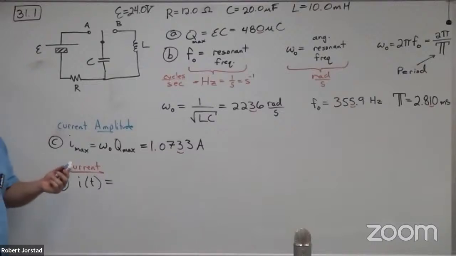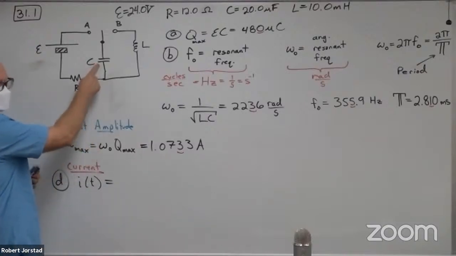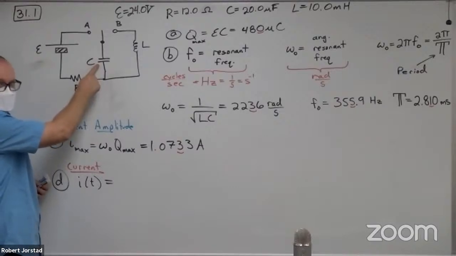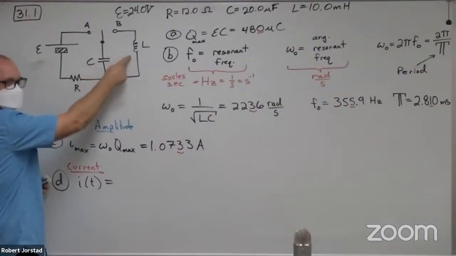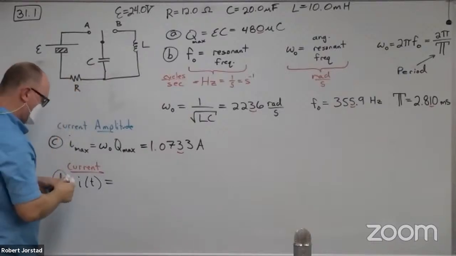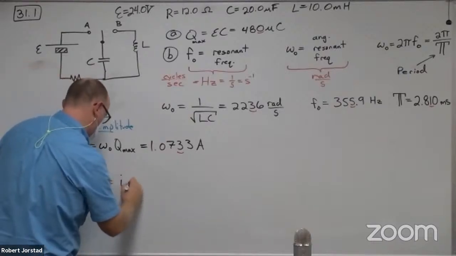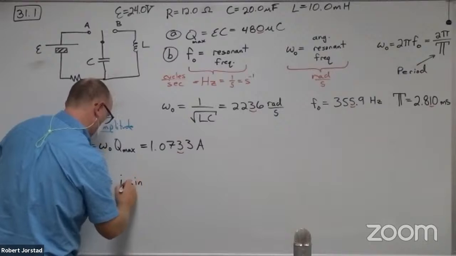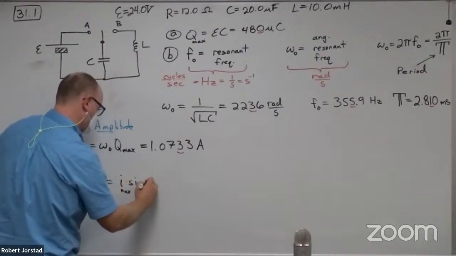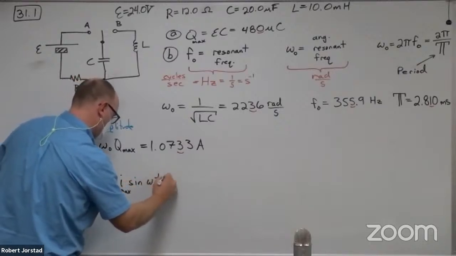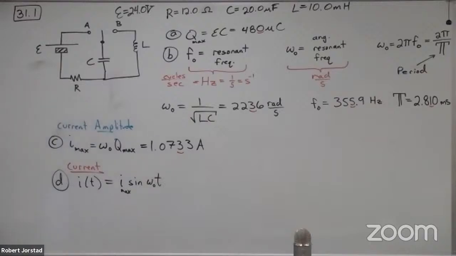It starts at 0, right? So in this, I should be careful. Do you agree we start out with the capacitor having all of this? So that's going to be Q cosine. The current should then be I sine. Agreed?